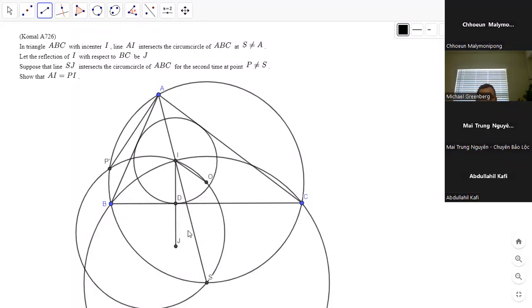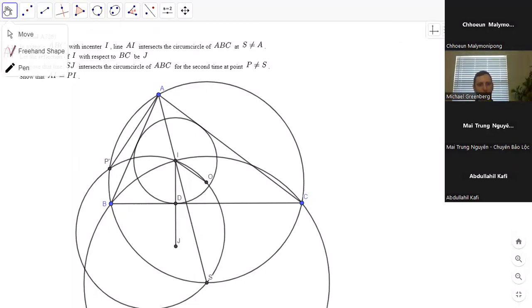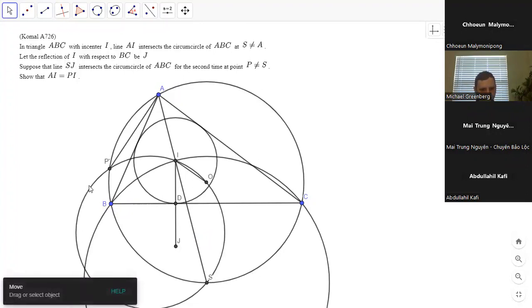I feel like we're close here. We know this is cyclic, and we have to show P, J, and S are collinear.